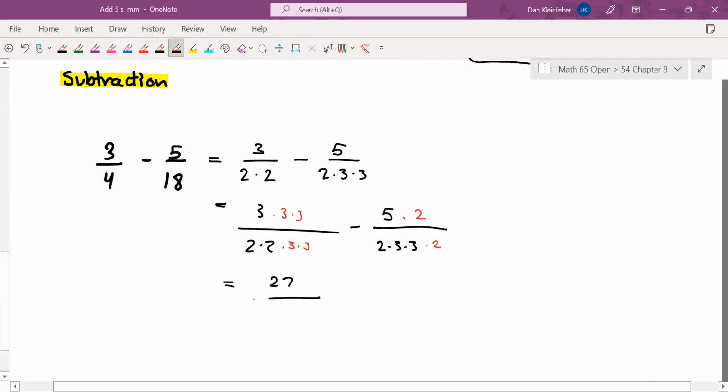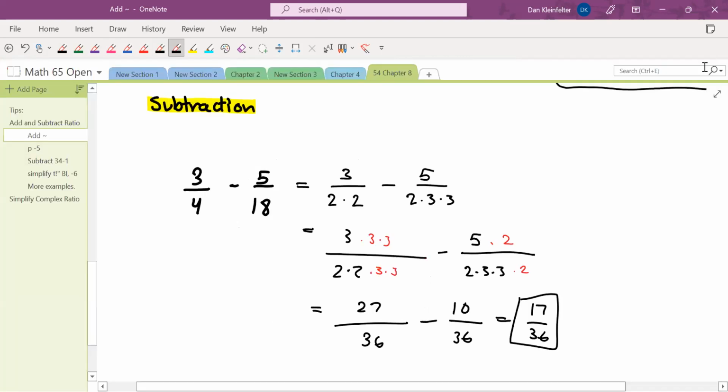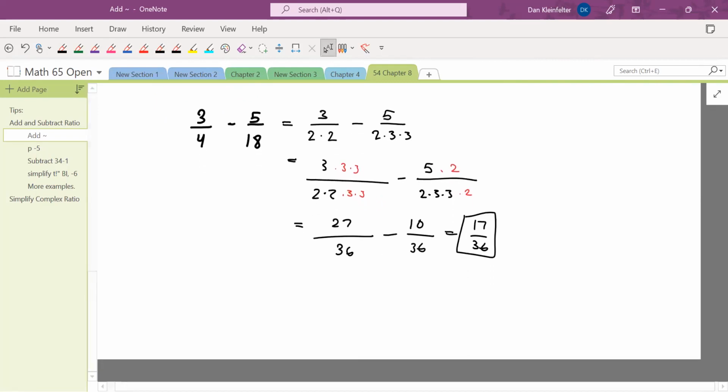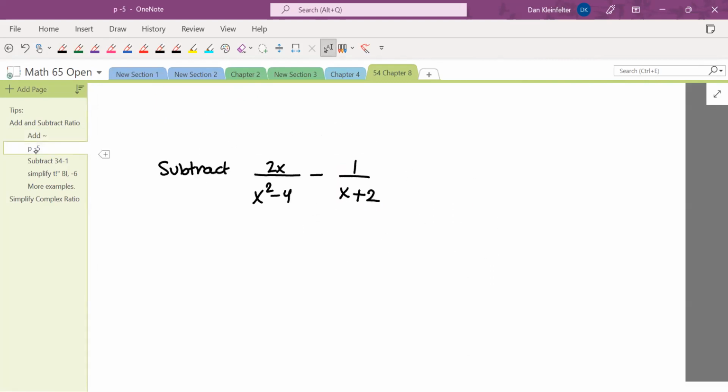So we will have 27 over, and that's 4 times 9 or 36. And second fraction, 10/36. Taking the difference, that will give us 17/36. Right, so as with the addition examples, our subtraction examples involving polynomials are going to have the same basic features, just inserting missing factors.